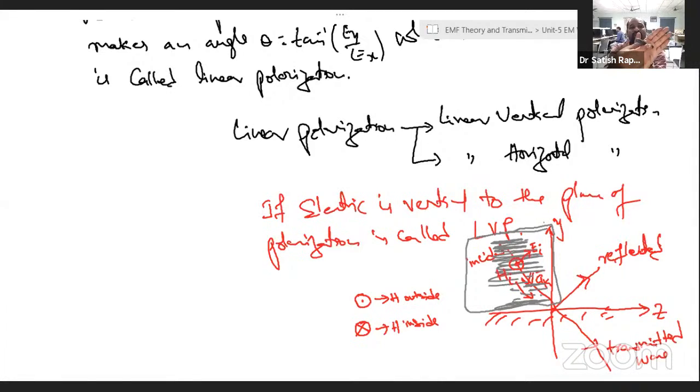If the electric field is like this, it is perpendicular. If the electric field is like this, it is parallel, like this or any direction, it is parallel to my hand. Let me show you.